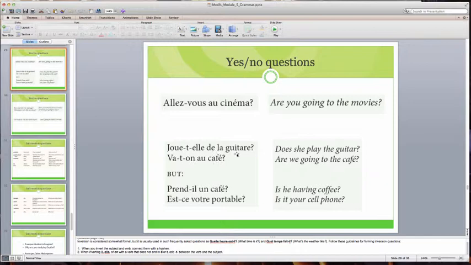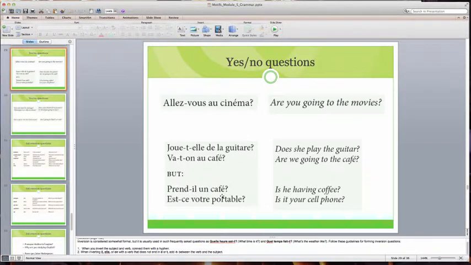Joue-t-elle de la guitare? Does she play the guitar? Again, we've got our inversion with the subject in English and the helping verb. Va-t-on au café? Are we going to the café? Subject, helping verb, inverted in English just like they are in French. The only difference is in French we don't have helping verbs, so we just invert with the subject and the verb.